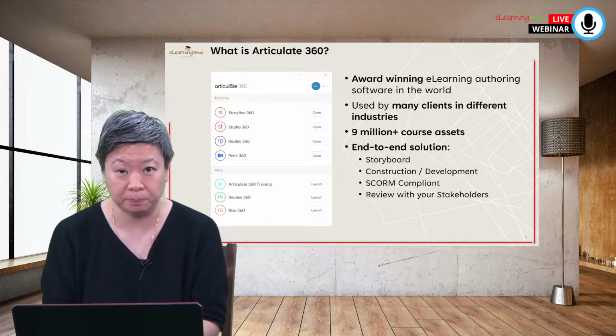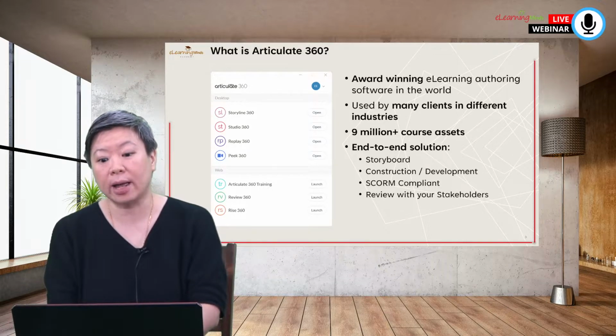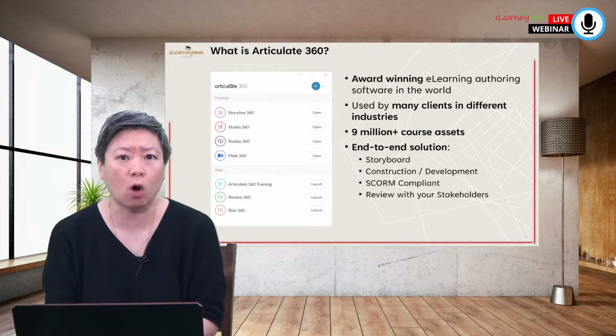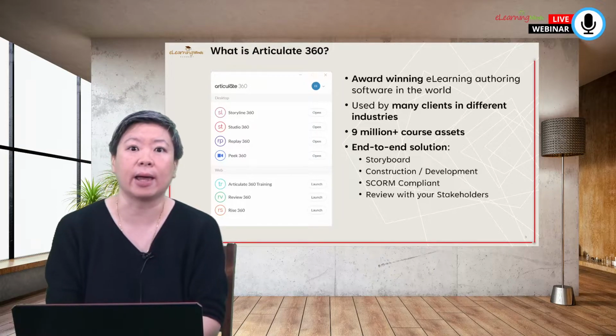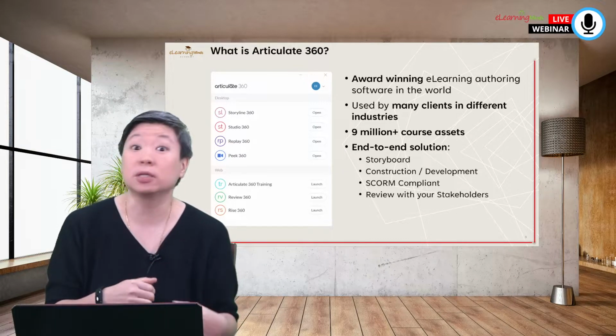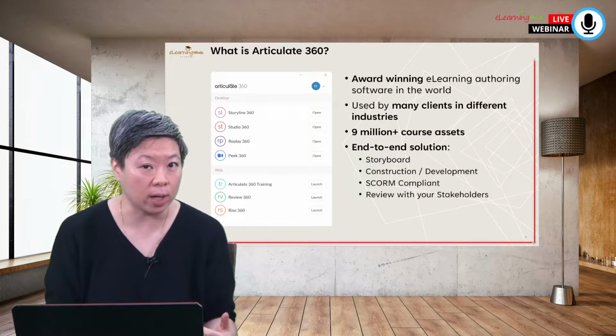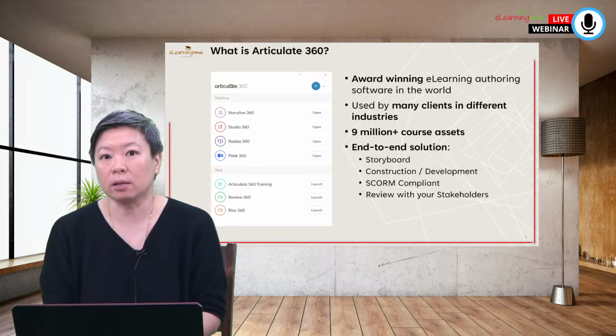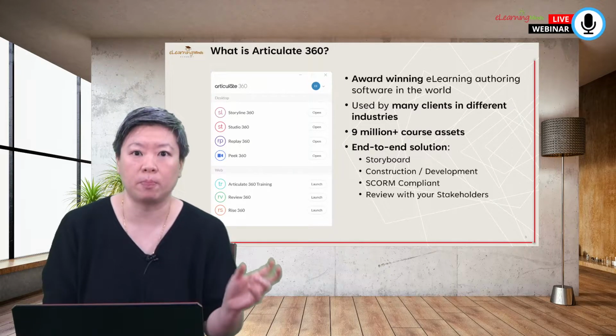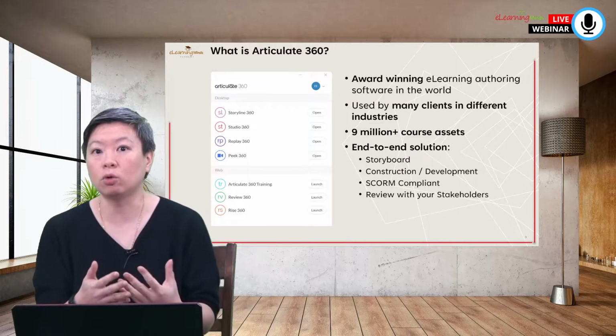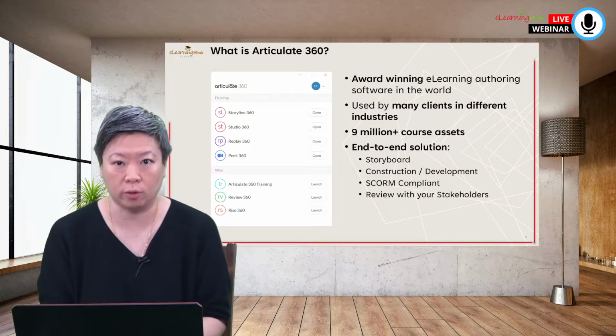in order to create your own e-learning content. Next, why do we have 9 million over course assets? Because course assets are not limited to ready-made templates, okay? Sometimes you want question-based, so you download it and you are able to make use of it already.